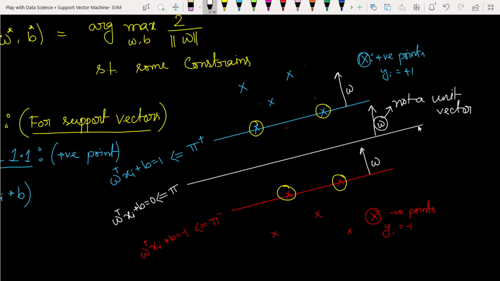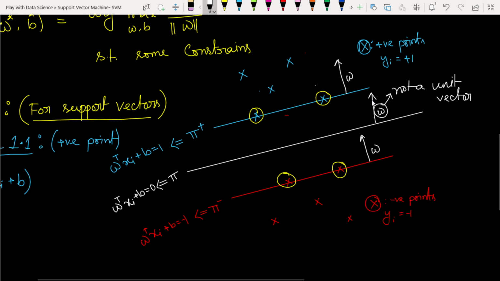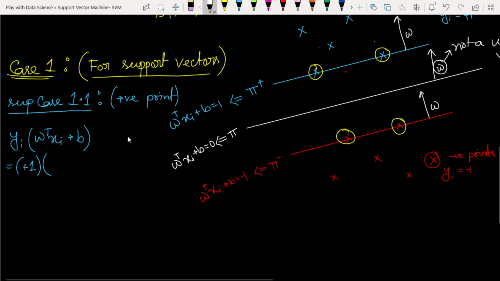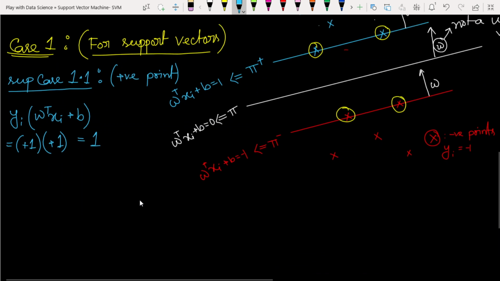Just remember this, w is perpendicular to our plane, but it is not a unit vector. So for support vectors, this value will be +1. From these equations we got it. So the final value will be +1.